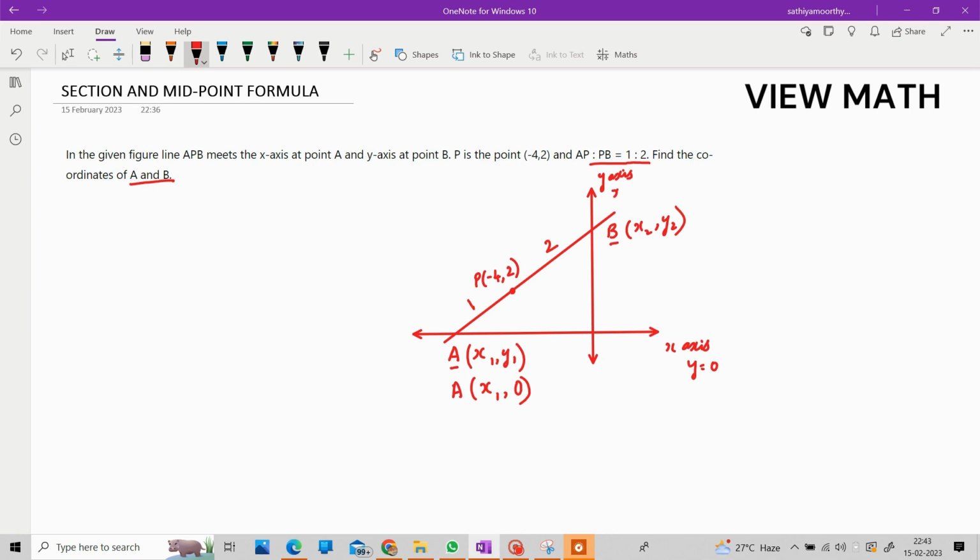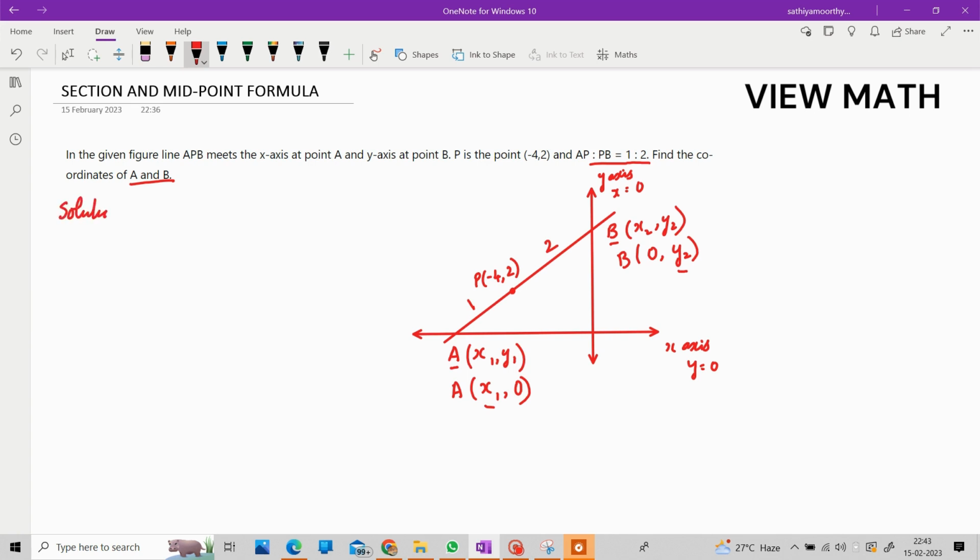On the y-axis x is equal to 0. So the coordinates become x is 0 and y2 we don't know, so let me write it as y2. So the B coordinate is (0, y2). Now they are asking us to find out the A coordinate and B coordinate. In the A coordinate we know the y coordinate, I need to find out the abscissa, and in the B coordinate I know the abscissa, I need to find out the ordinate. Okay, now let me proceed.